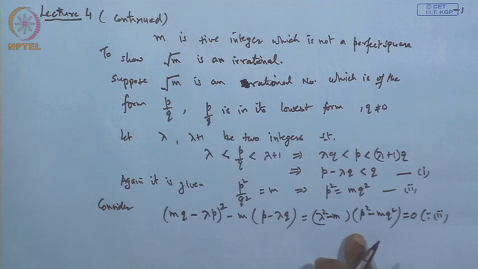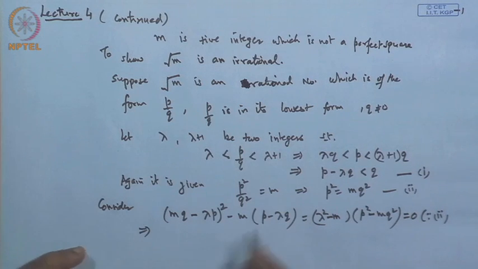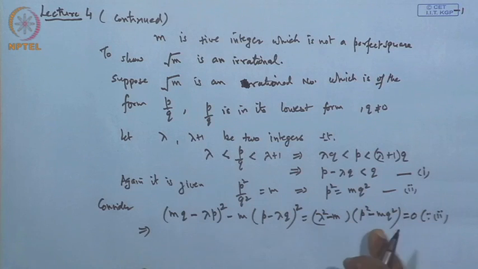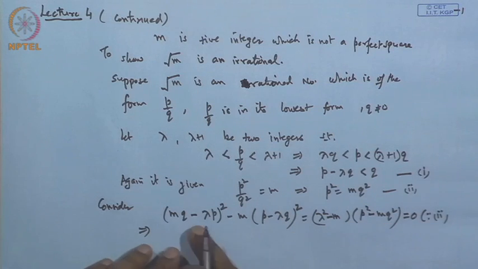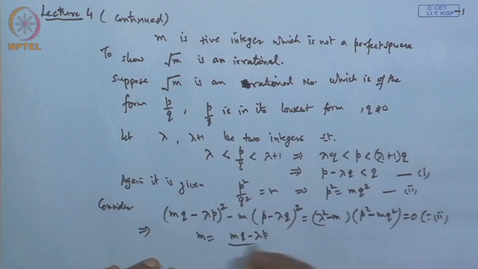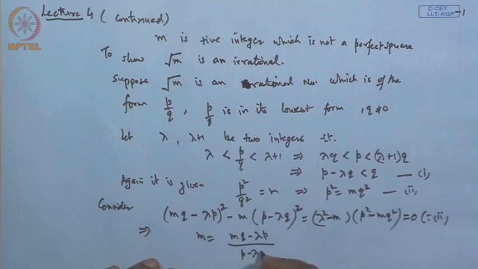Therefore, m can be written as the square of (m q minus lambda p) divided by (p minus lambda q).